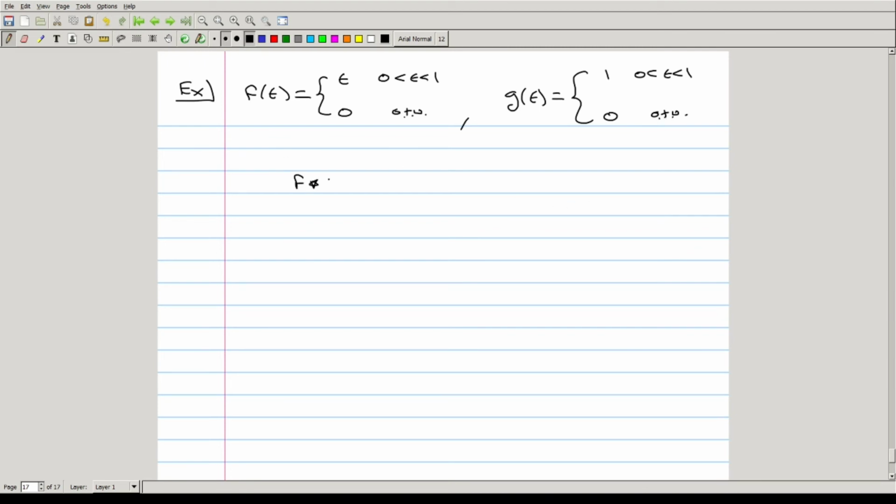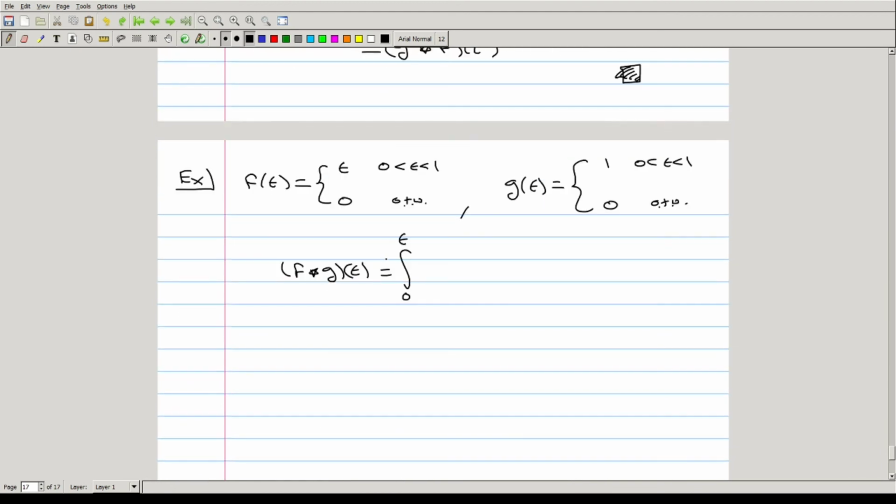And the convolution product of f with g is the integral from 0 to t of f of t minus w times g of w dw. This is the same thing as the convolution product of g with f, the integral of g of t minus w times f of w dw.